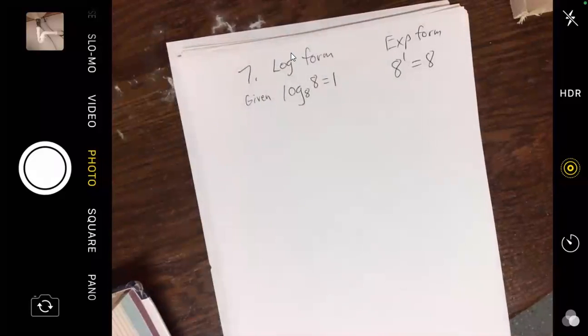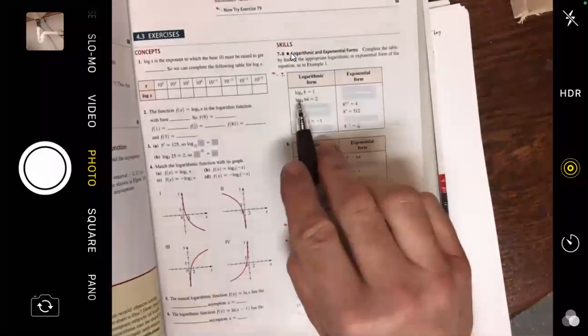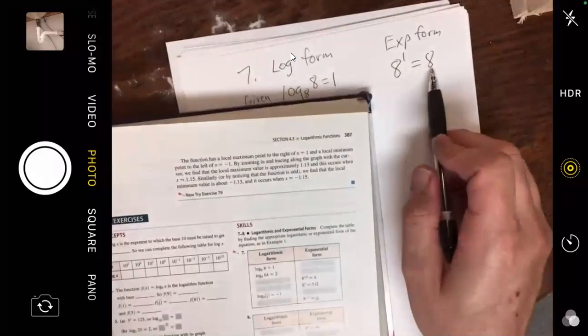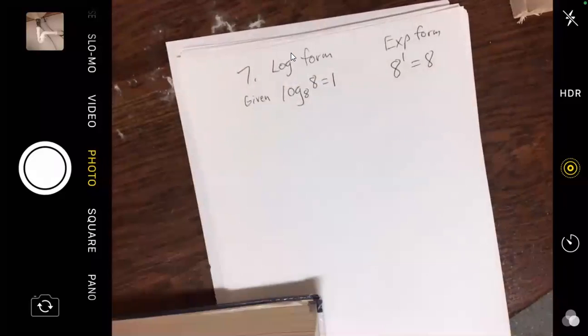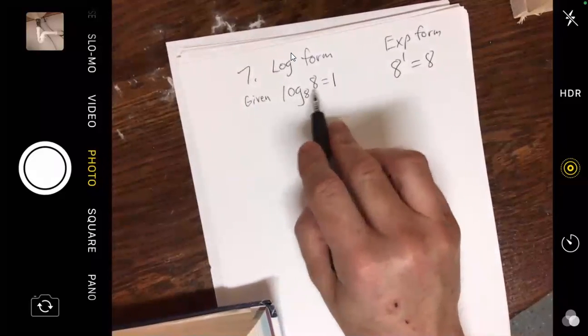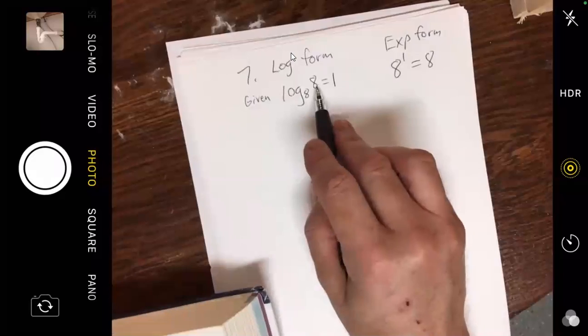So that's what they want you to fill in. Log base 8 of 8 equals 1. And then here's what you fill in, 8 to the 1 equals 8. Notice how I went this base to that power equals this. That's kind of how to do it slickly.